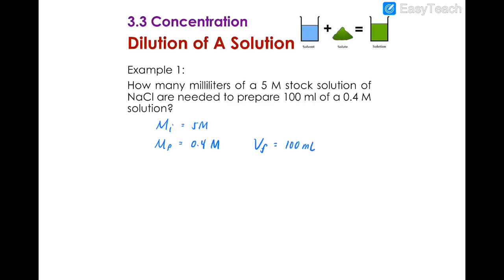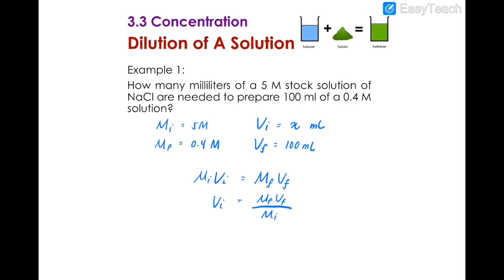Soalan pula tanya how many milliliters of 5 molar stock solution, meaning yang kamu nak kena cari adalah volume of initial kamu. So now kita boleh guna pakai MIVI is equals to MFVF. So masukkan the whole thing, tapi kamu dah tahu kamu nak cari initial volume kan. So kita terus susun je.